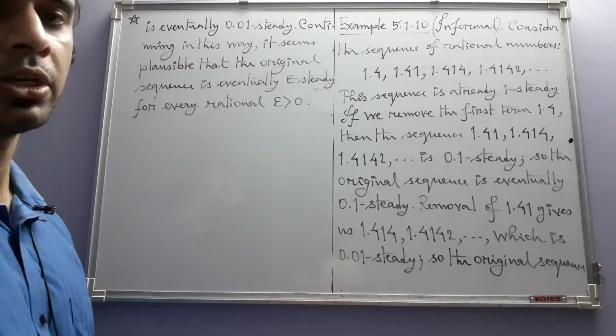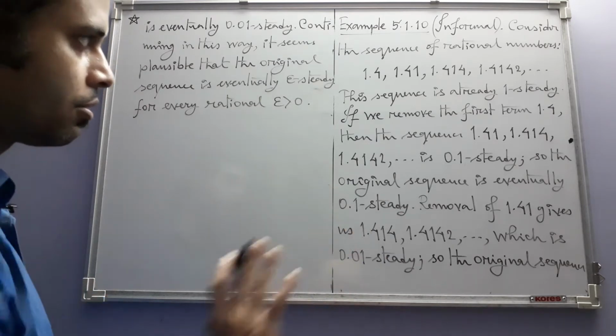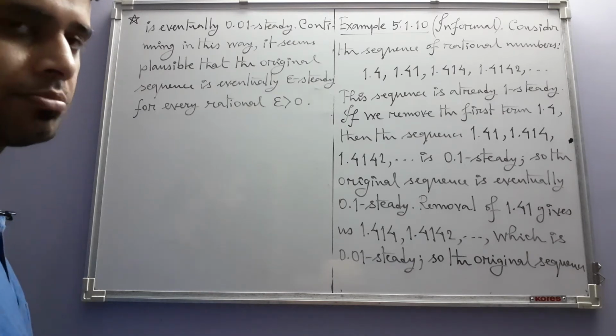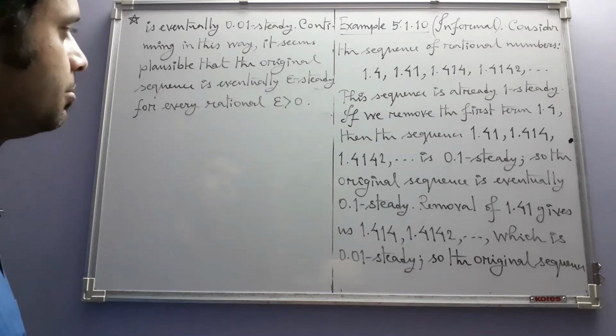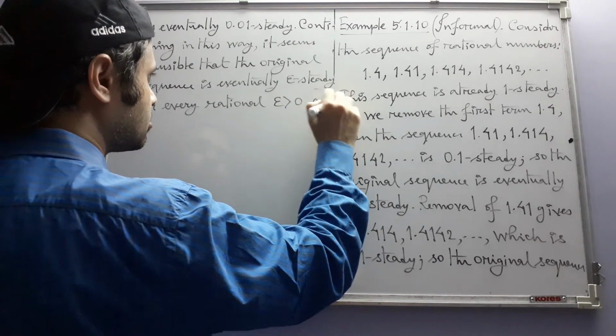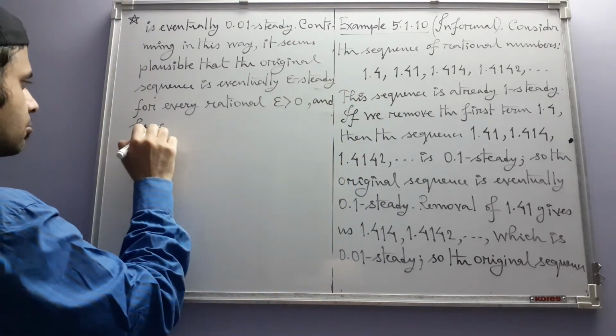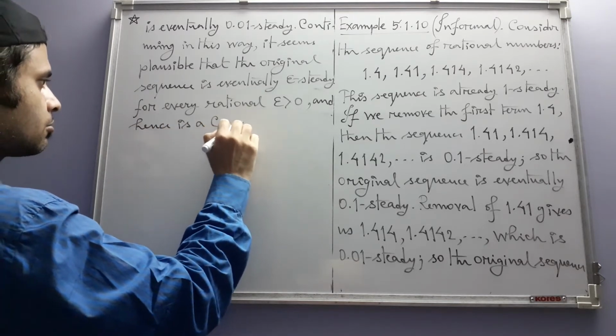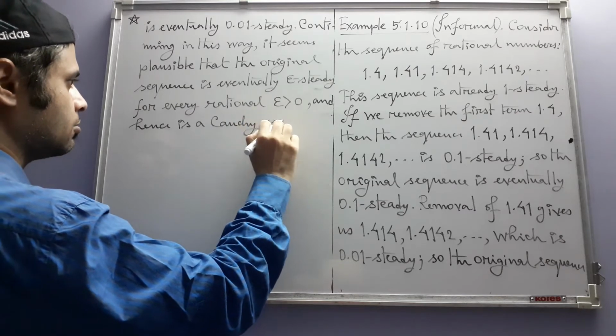It seems plausible, it seems likely. This is not a proof, it just is an observation, a conjecture, and hence is a Cauchy sequence.